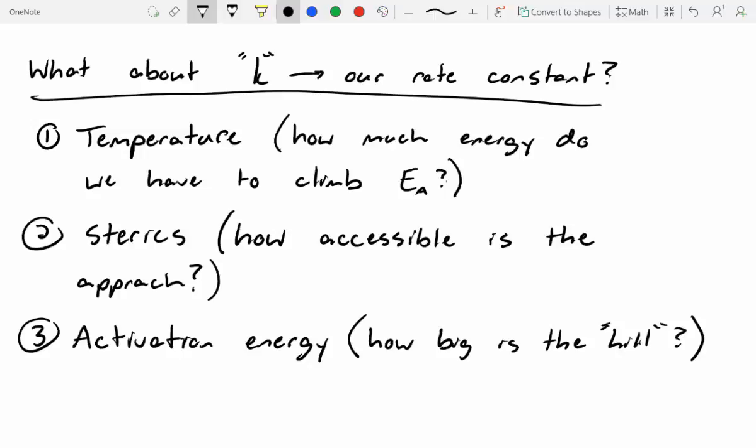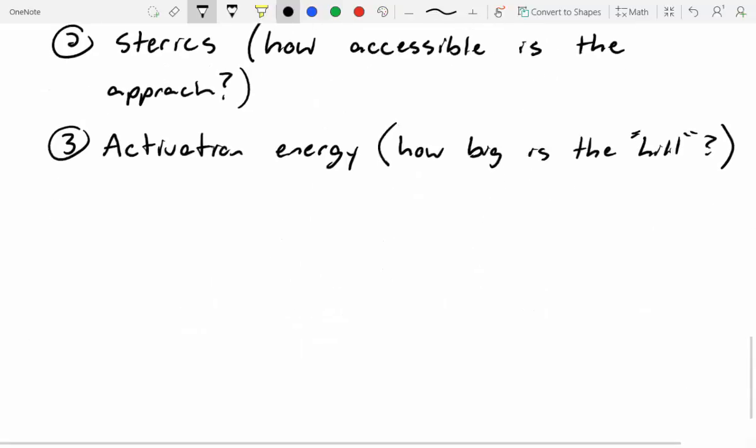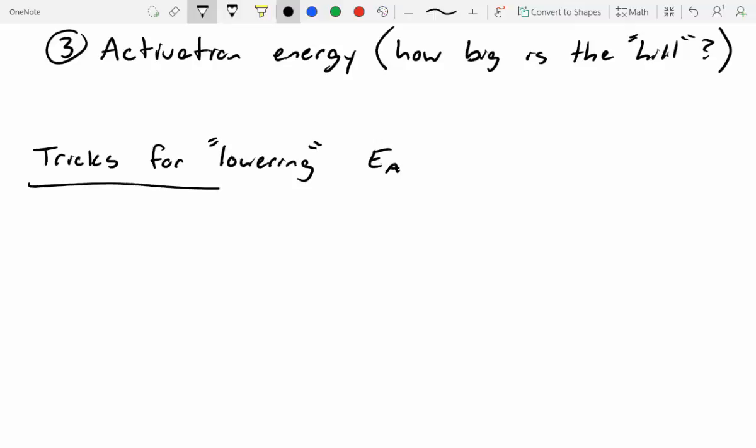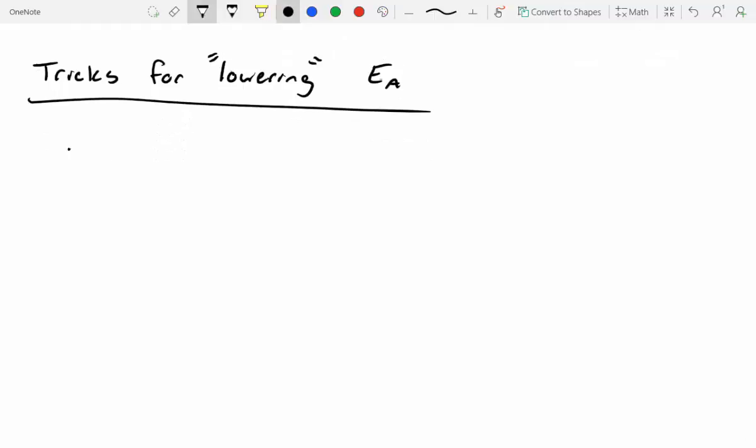What's a trick we have for lowering the activation energy? And I'll put lowering in quotes. Catalysts. I don't really like this as a term for lowering, but I'll put it in there. And you said a catalyst, so I'll put that down.